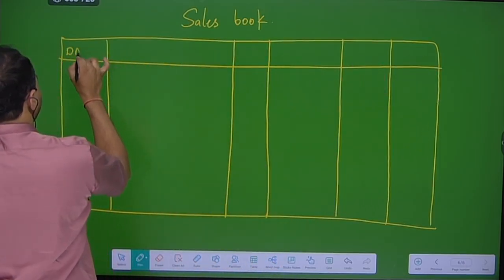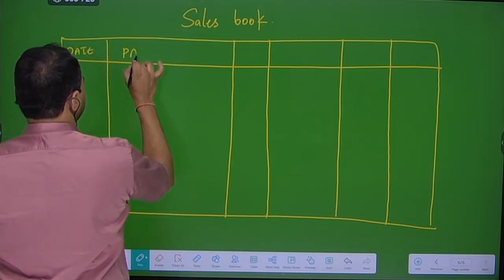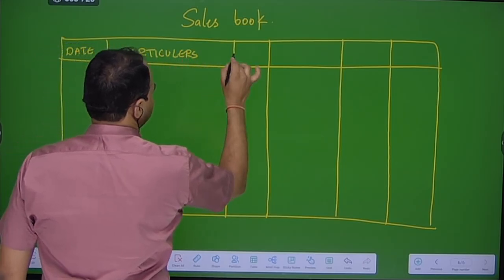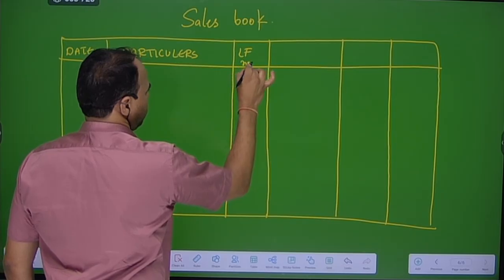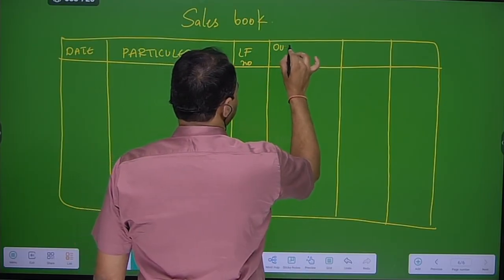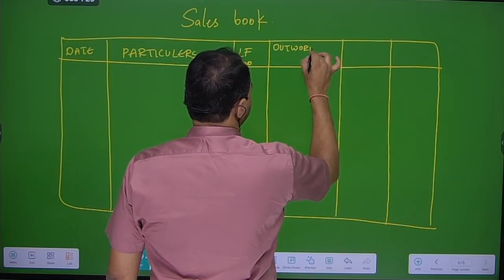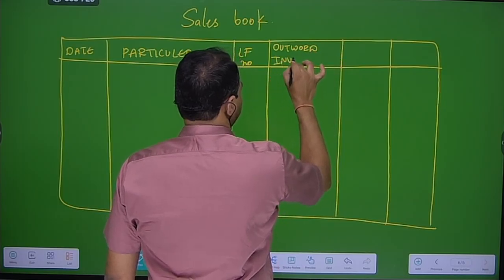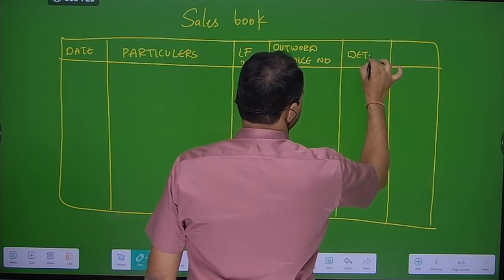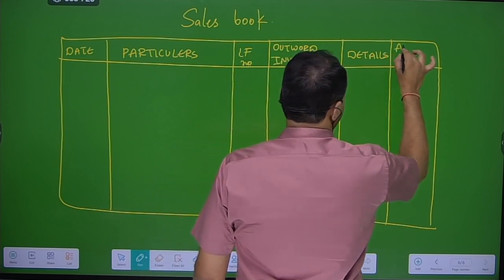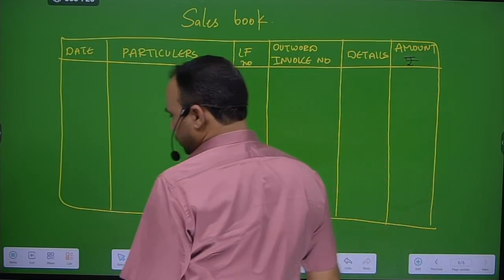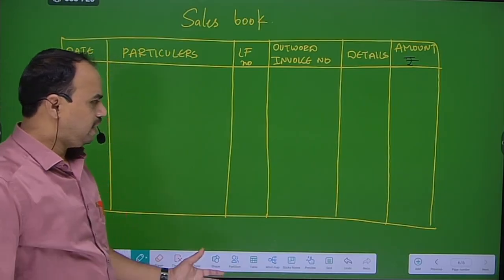Date, particulars, LF number, LF number means ledger folio number, outward invoice number, details and amount. Right, this is the format of the sales book, same as it is.